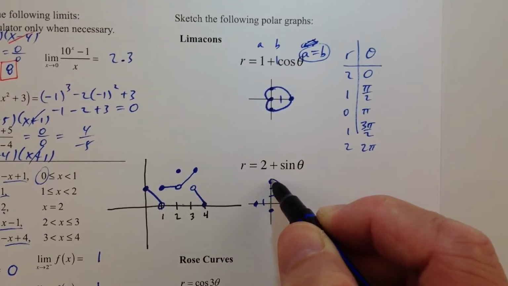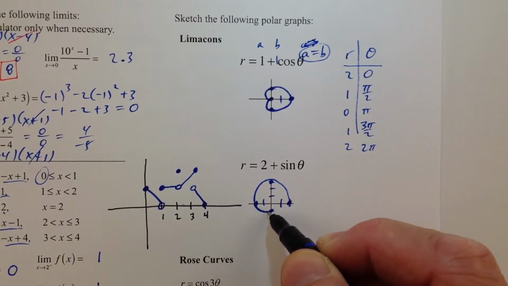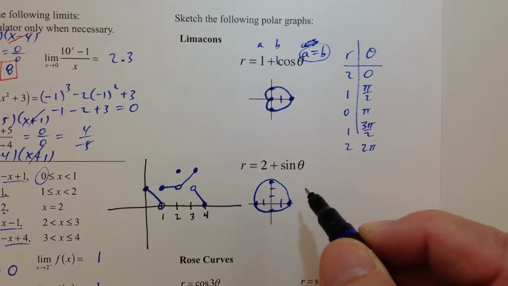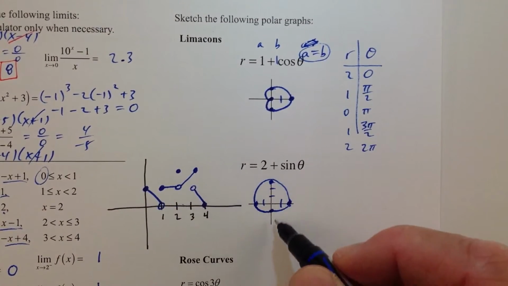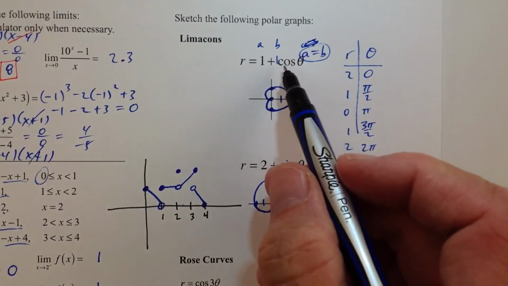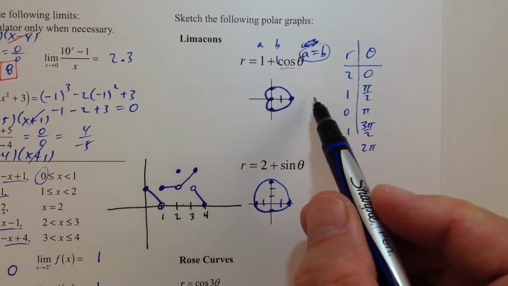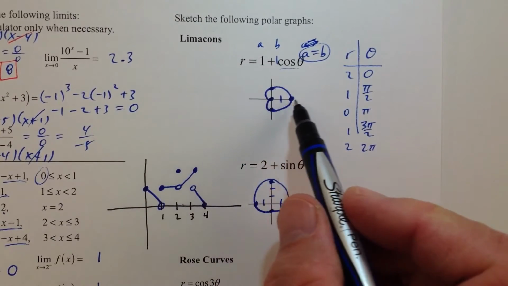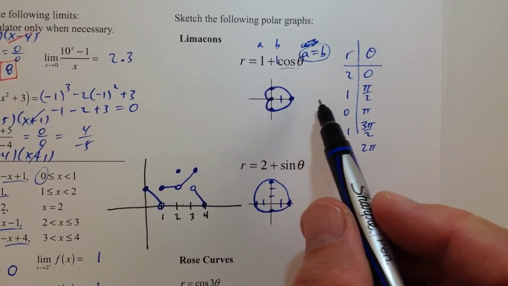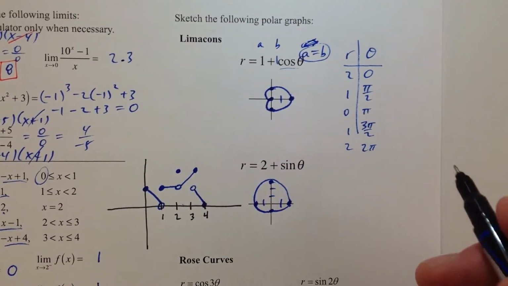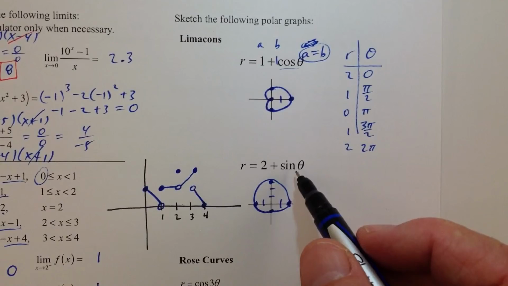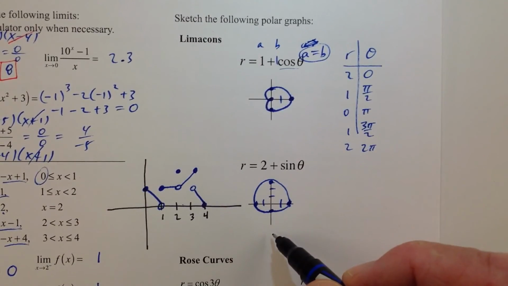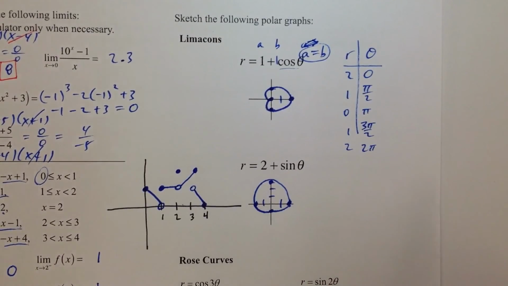So the sine graphs typically are symmetrical with respect to the y-axis, or the vertical axis, and the cosine graphs, limacons, are always symmetrical with respect to the horizontal axis, or the polar axis. So limacons with sine are symmetrical with respect to the y-axis if you have an xy plane, and cosines with the x-axis.